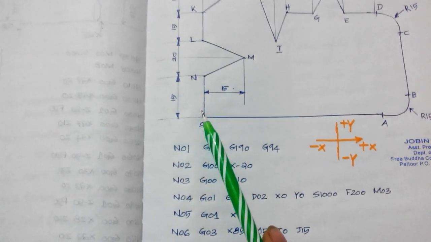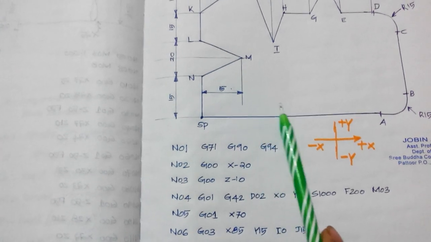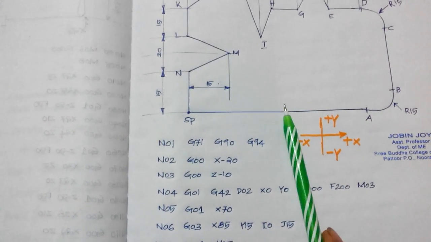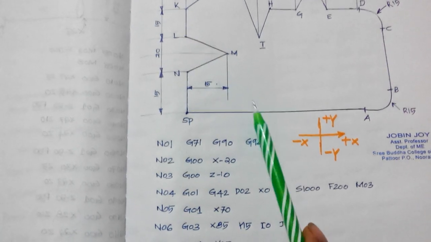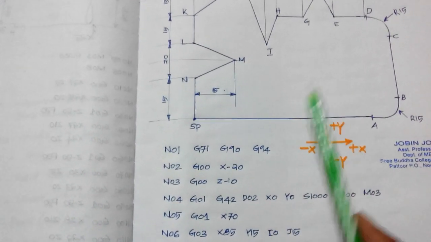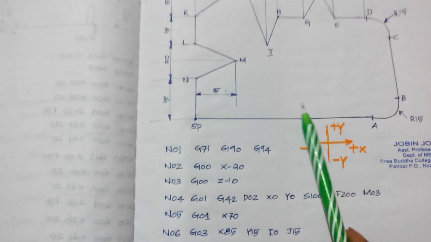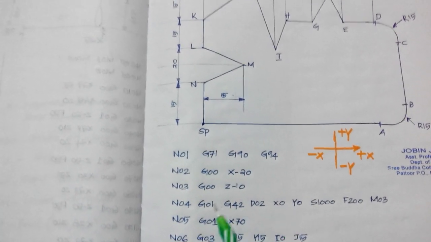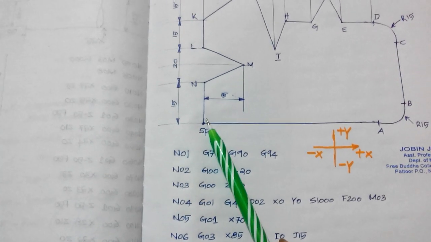What happens? This extra portion will be cut. Because of this extra cutting, we cannot use this portion as a part of the assembly because this is a part of another complicated assembly. So our main aim is to compensate the radius.